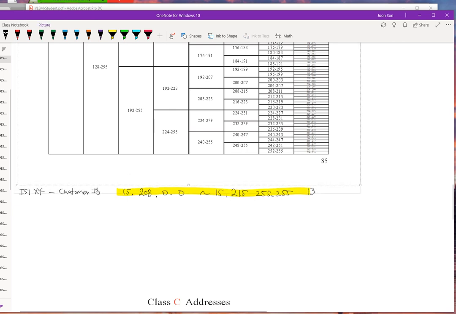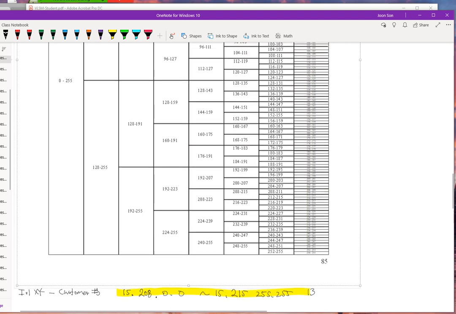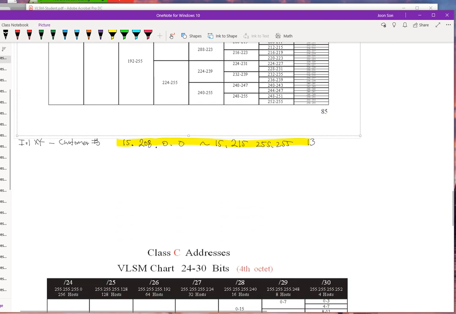Okay, the problem number 5 is given this network. We are going to apply VLSM on this address space, this yellow space.